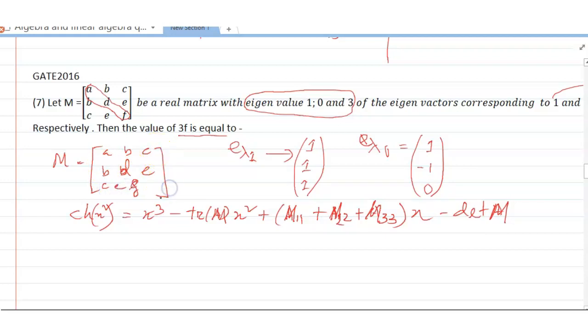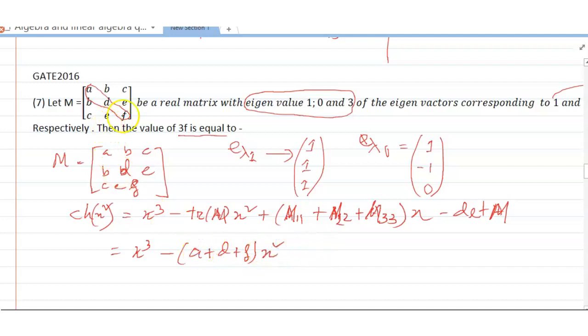So friends, this is my matrix. From this I can get x cubed minus trace of M, which is a + d + f, times x squared.